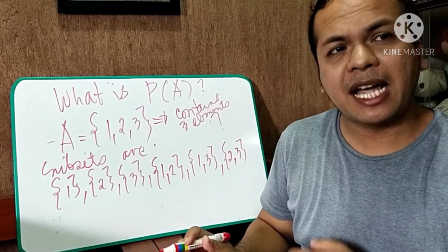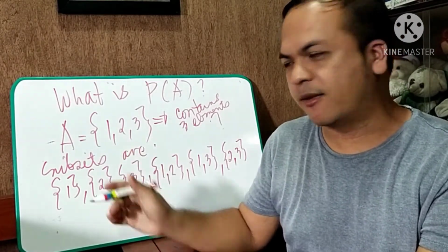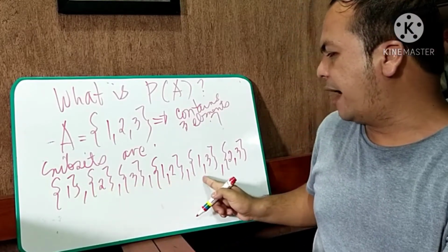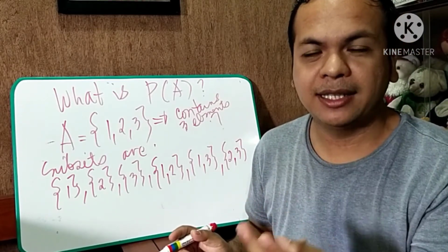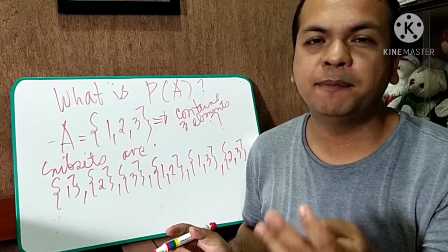Now, let's count the subsets of A that we have listed. We have 1, 2, 3, 4, 5, 6. So we are still lacking 2. Take note of our computation earlier, that is 2 raised to the 3rd power.